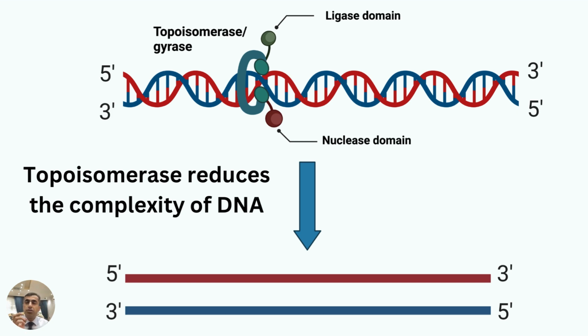The first domain is called the nuclease domain, which acts as a scissor and breaks the DNA. The second domain acts as a ligase, so it's called the ligase domain. This activity helps the smooth progression of DNA replication and maintains genomic stability in human or bacterial cells.